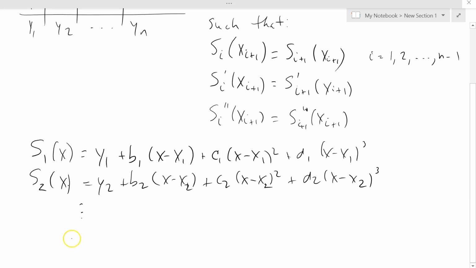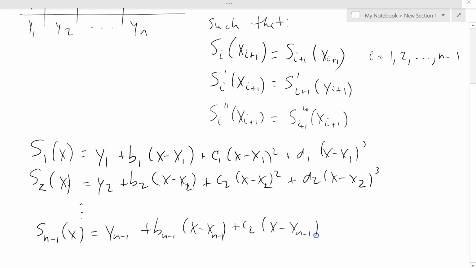So continuing, we get to S sub n minus 1. We should have y sub n minus 1 plus b sub n minus 1 times x minus x sub n minus 1, plus c sub n minus 1 times x minus x sub n minus 1 squared, and d sub n minus 1 times x minus x sub n minus 1 cubed.